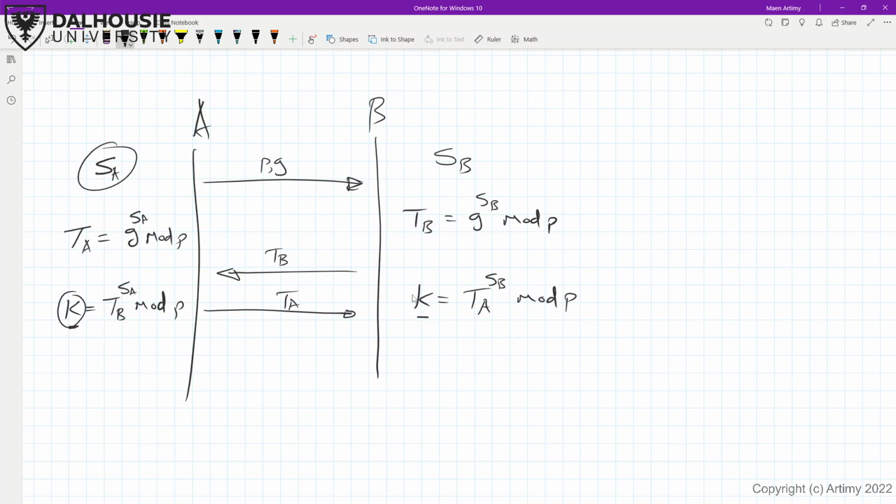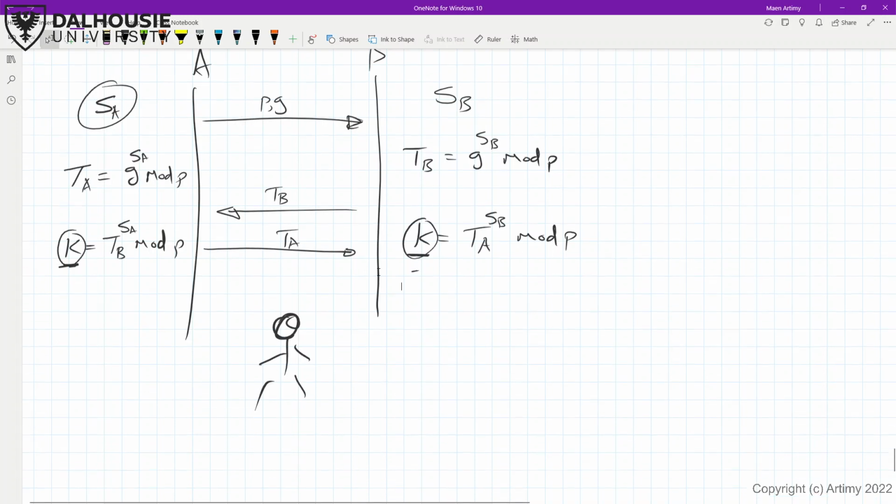So this will be the shared key that anybody who is sitting here listening or sniffing the traffic won't see. So Alice and Bob come up with their own key without actually sharing it. And that can be used for secret key cryptography.